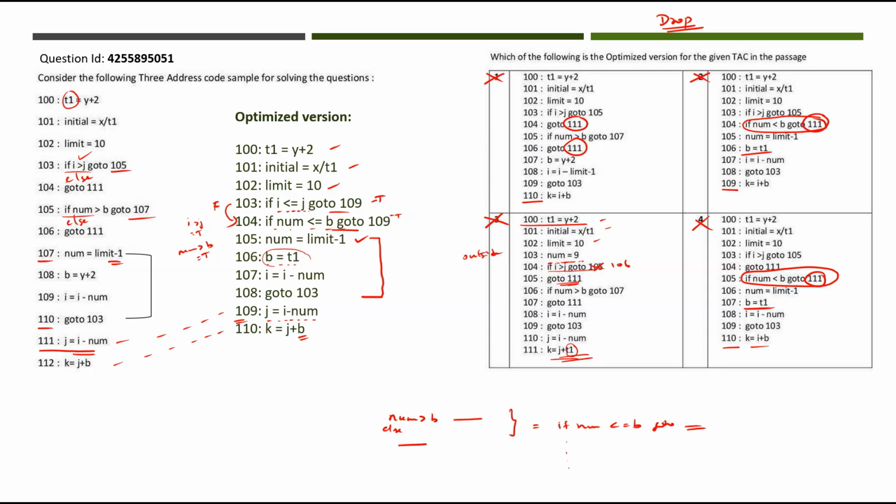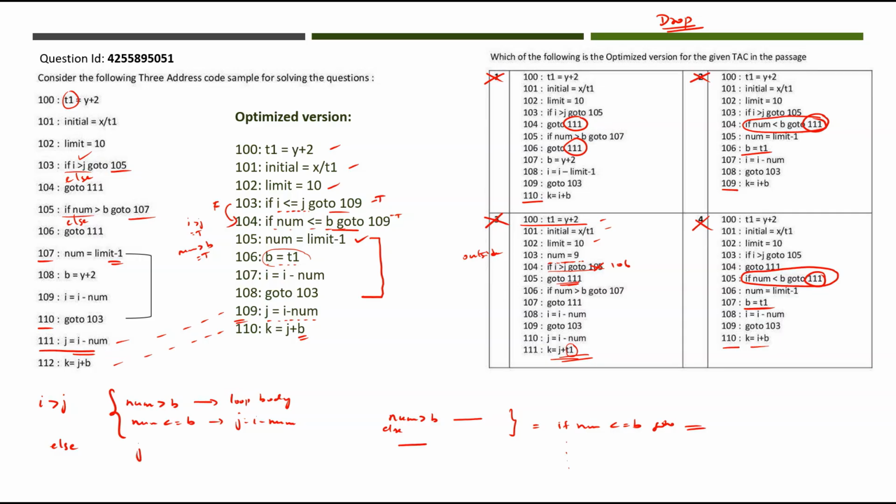So let me once again tell you, if number is greater than b, we are entering loop body. If number is less than or equal to b, we are getting to j is equal to I minus num. Similarly, when I is greater than j, we are entering to this particular part.